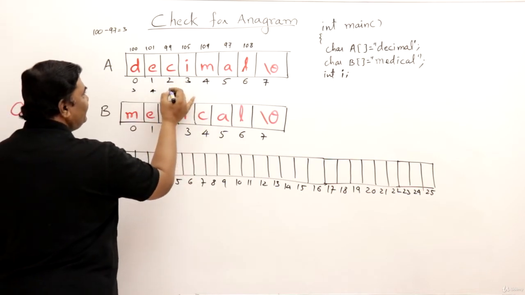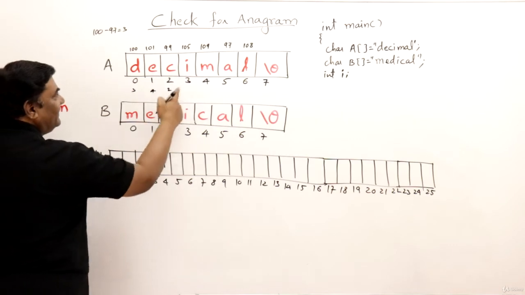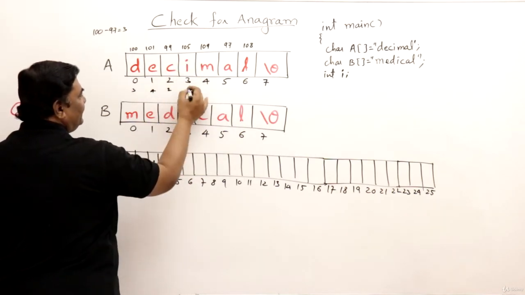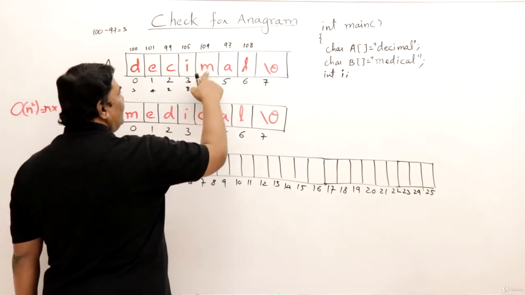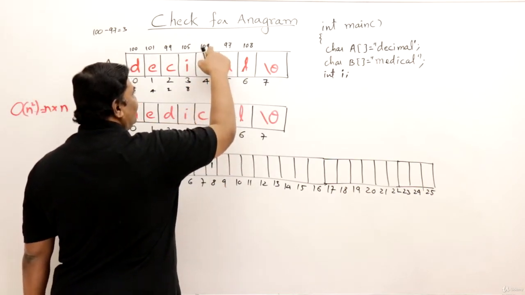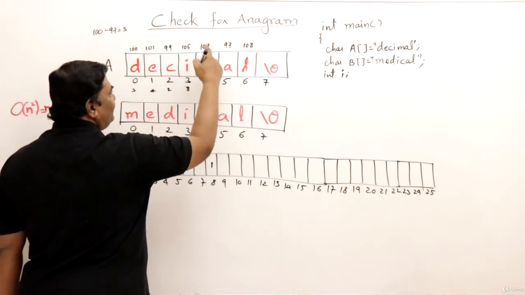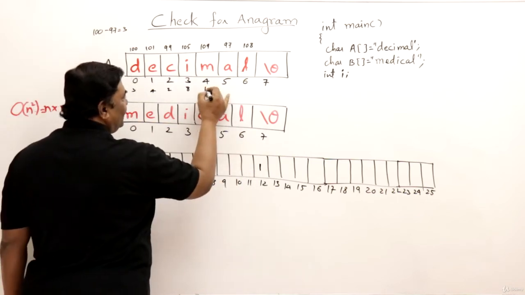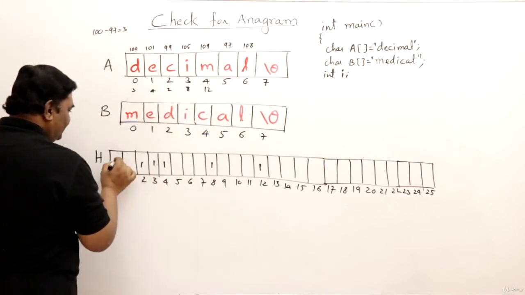Now next, this is 99, so this will be 2. Go to index 2 and mark it. Then this is 97, subtract and this will be 8? Go to index 8 and increment it. Then this is 109, 109 minus 97 will be 12. Go to index 12 and mark it. And this is A, so 97 minus 97 gives 0.